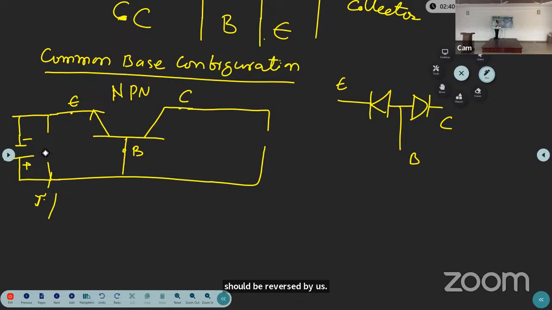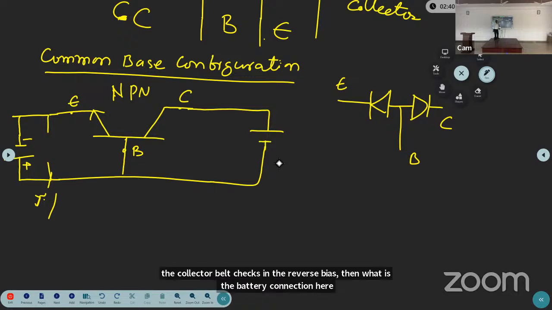If the collector base junction is reverse bias, then what is the battery connection here? This is the battery.